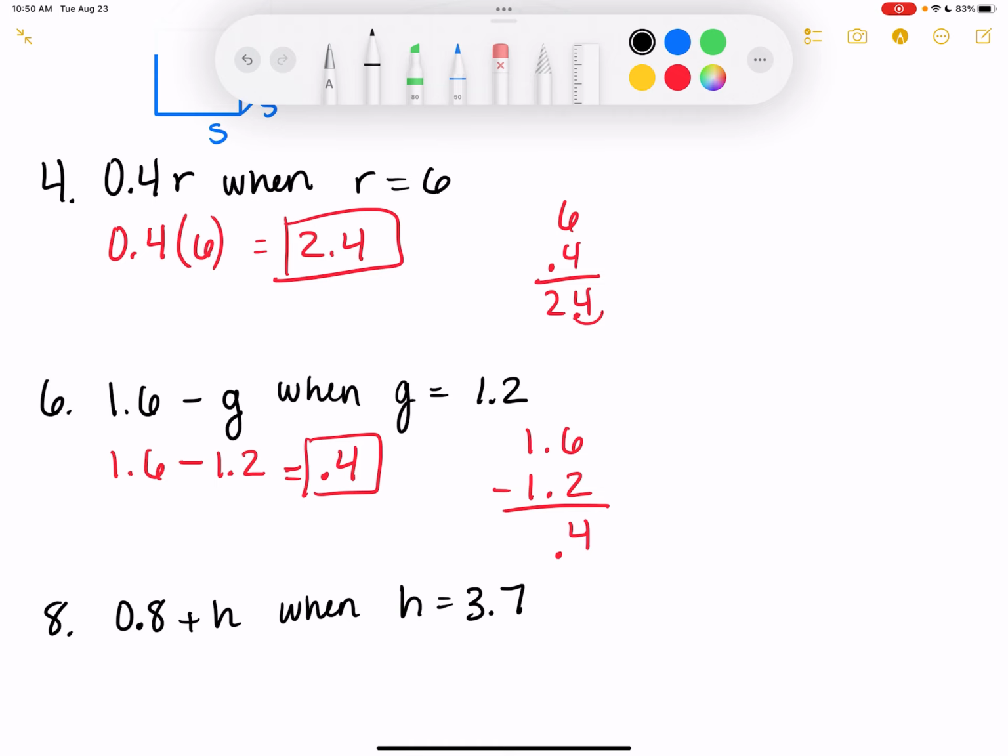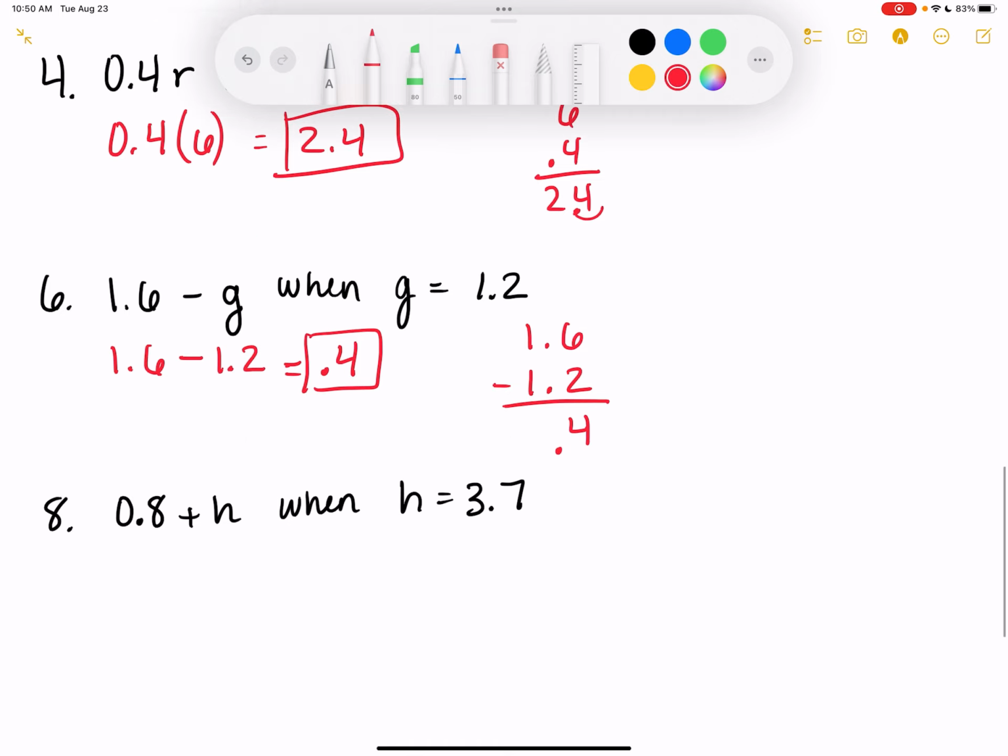So we're going to put 3.7 in for h, so I'm going to have 0.8, and you don't have to write the 0 before, so I usually don't. Plus 3.7. So if I were to do that, I'd have 3.7 plus 0.8.